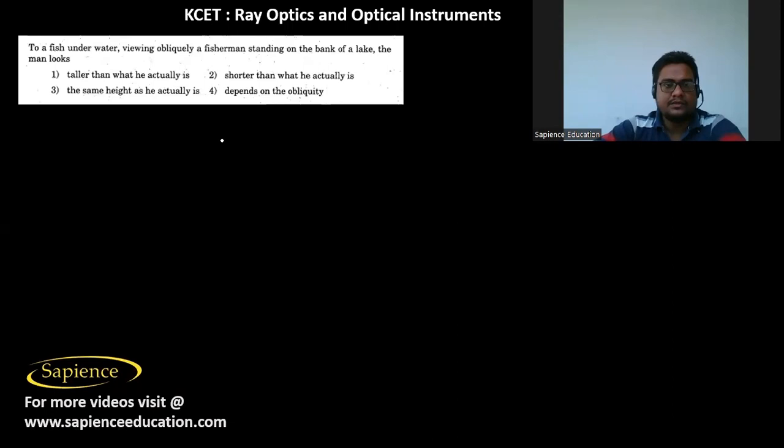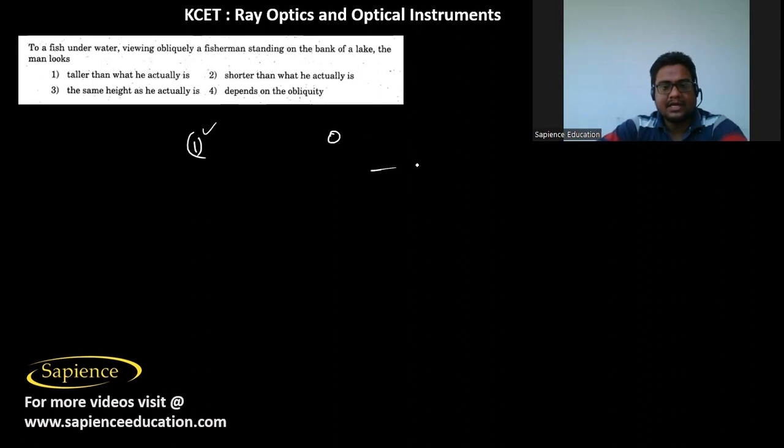Then it is told a fish under water is viewing obliquely a fisherman standing on the bank of a lake. The man looks taller than what he actually is, so the answer will be option 1. Why?